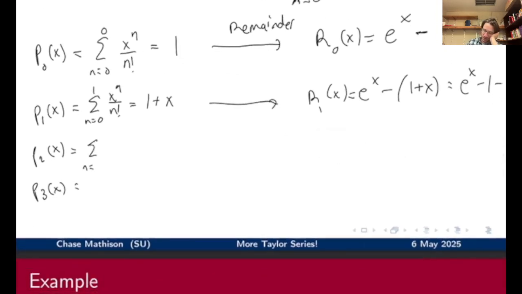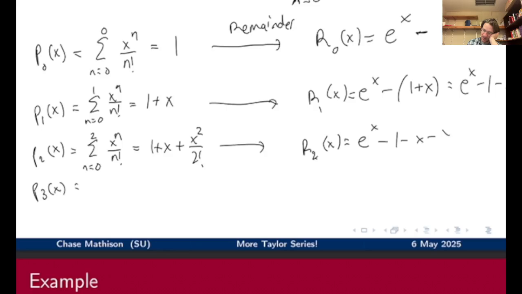Second degree Taylor polynomial centered at 0 looks like this. And so this second remainder looks like e to the x minus 1 minus x squared over 2 factorial, which is 2.